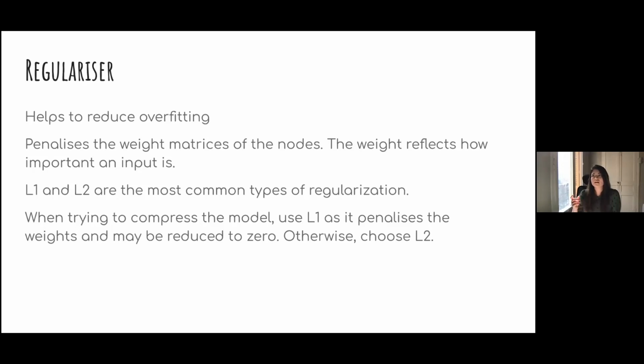So we have the L1 and L2. Normally those are the ones that I have seen in image classification, but those are not the only ones that exist. If you're trying to compress the model, L1 can make the weights disappear. But if you're not trying to do that, because you have some specific features where the difference between happy and neutral is really low, then probably you don't want to get rid of everything.